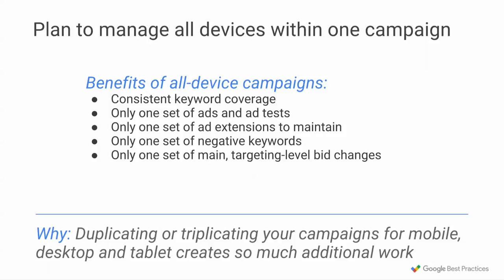And also you can just have one bid change within one campaign versus having to repeat these steps across all three different versions. And so the primary question here is, are the theoretical benefits that you think that you'll gain from single device campaigns really worth it for the amount of work that you have to put in?